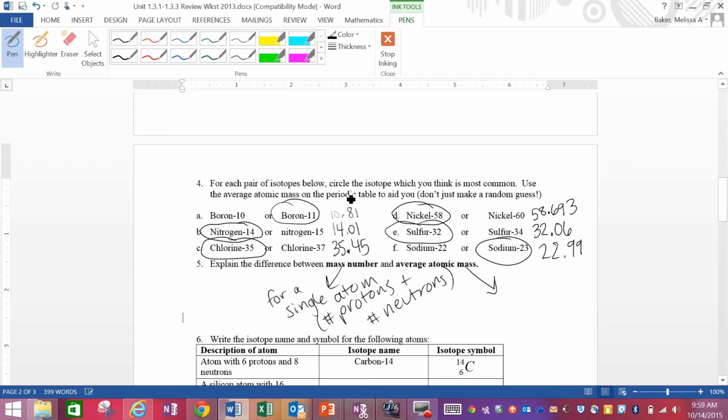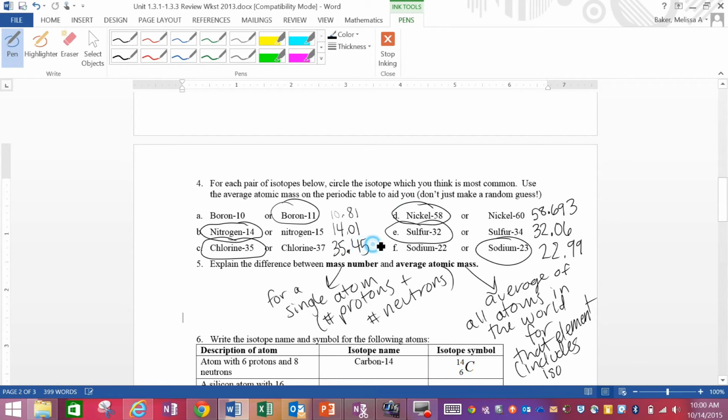The average atomic mass is an average of all atoms in the world for that element. So it includes all isotopes, atoms that have a different number of neutrons. So those can bump up the average or bump it down.